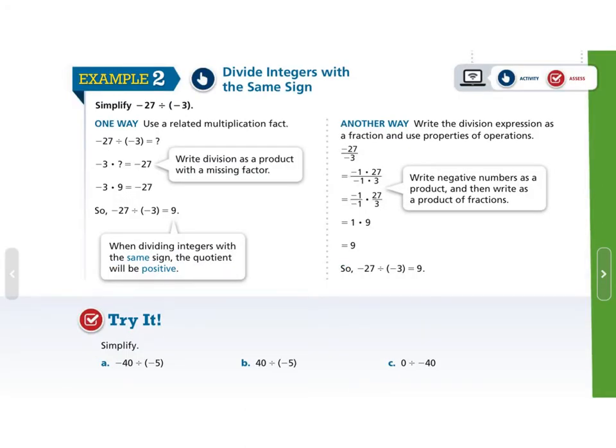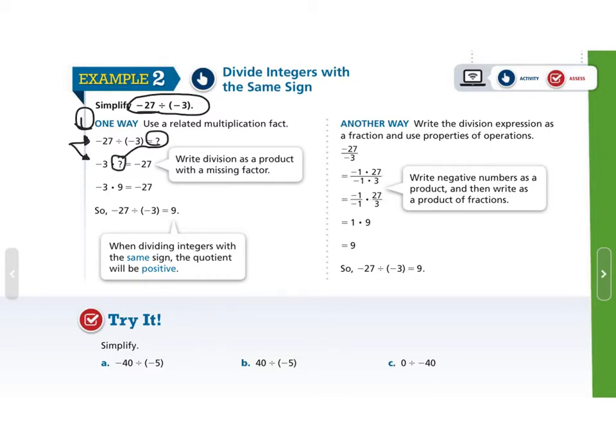Example 2. Divide integers with the same sign. When I look at the first question here, simplify negative 27 divided by negative 3, there are two ways to approach this. One way is to use the related multiplication fact. You can see how they turn the division problem into a related multiplication fact where we replace the question mark.